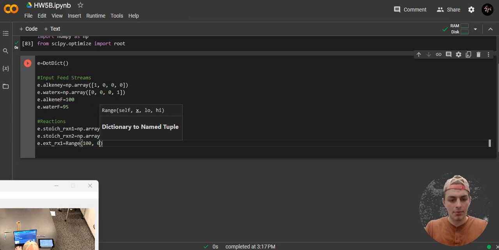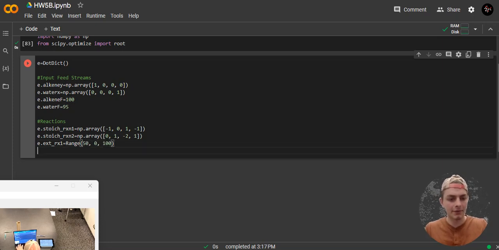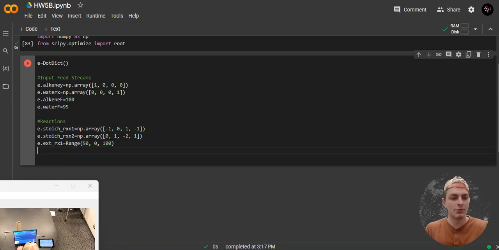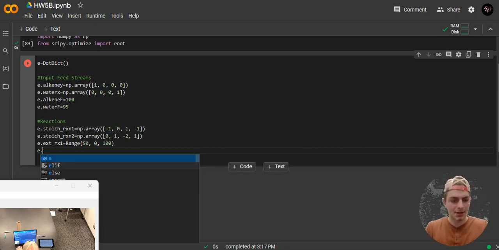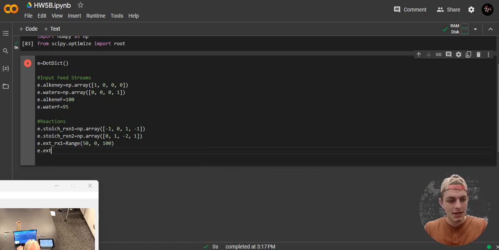And then for the low I'll put 0, and for the high actually I'll put 100 and then make the initial guess 50. That's basically the exact middle of the range from 0. Obviously it can't be less than 0 because it has to be reacting to some extent. And then the top here is the molar flow rate of the alkene, and so it can't possibly be larger than that.